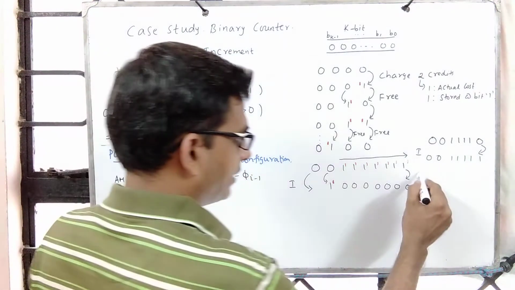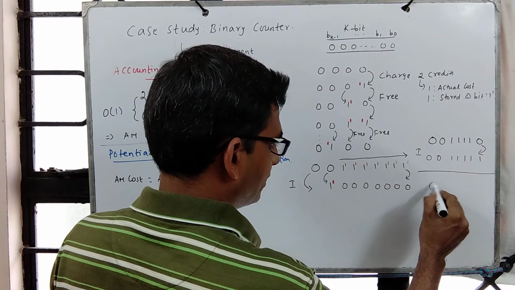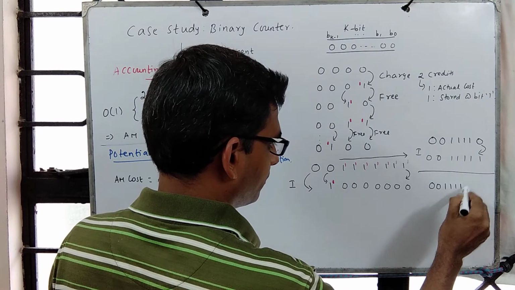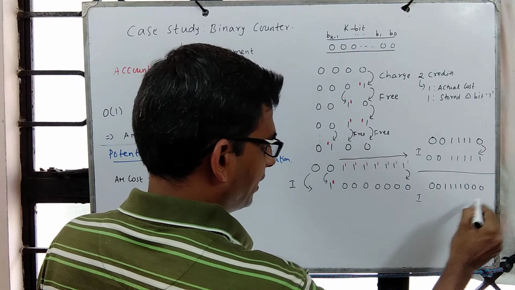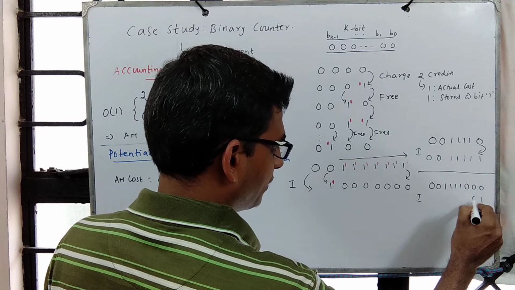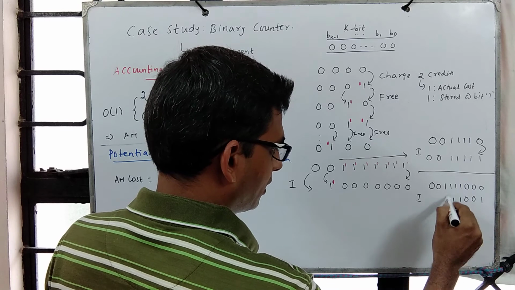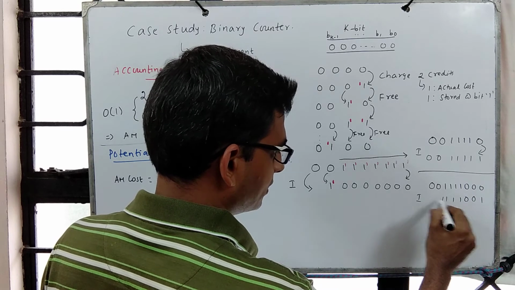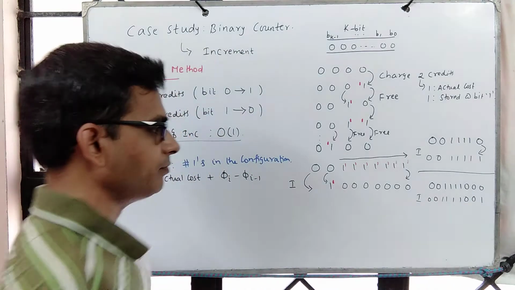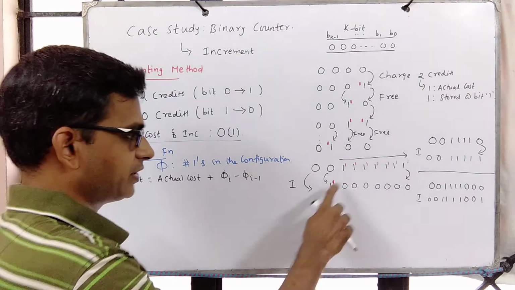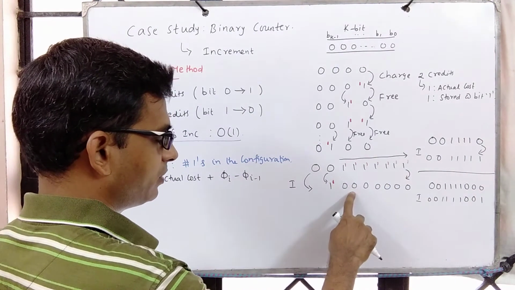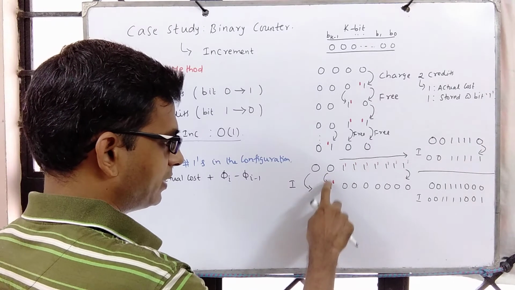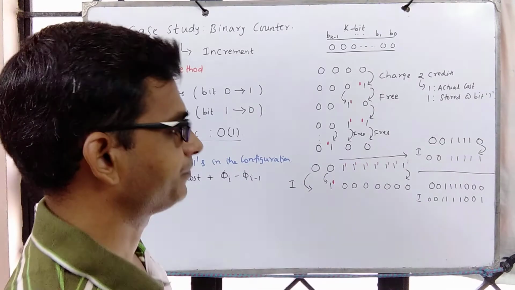But if the configuration is something like this, then when we do increment, this 0 alone is changed to 1 and the rest is the same. If the configuration is this, we flip all these ones to zeros and this one is changed to 1.